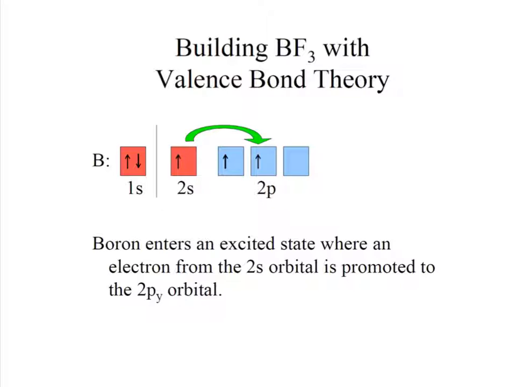So boron's going to enter an excited state where it can promote an electron, and so now we have 3 orbitals that can accept electrons. So the 2px, 2py, 2pz, this would be like xyz, xyz. The 2p orbital here of the 3 different fluorine atoms can now overlap with one of these half-filled orbitals in order to share electrons and create bonds.